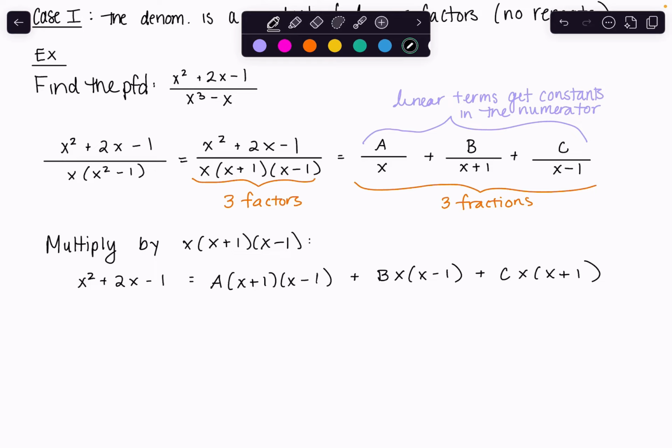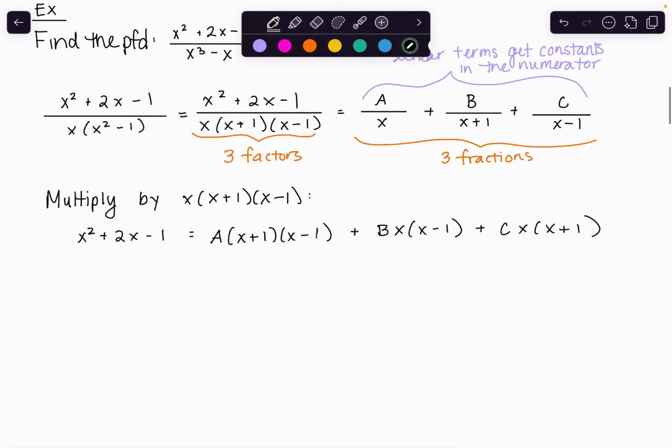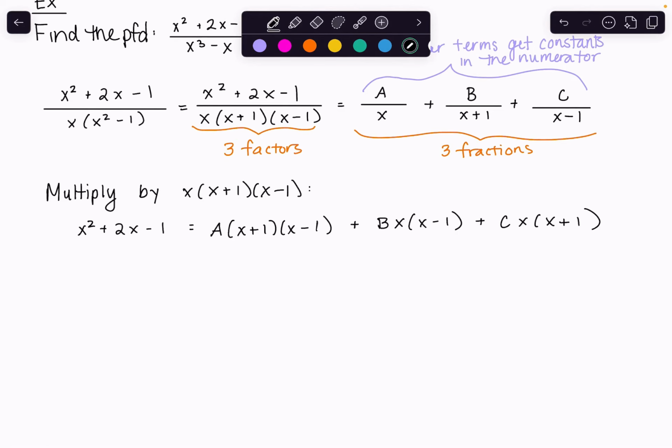Okay. So again, I think it's much easier to just plug in values. This should hold true for all values of x. So I'm going to start just picking numbers that work. Well, if I plug in 0, that will make both of these disappear. So if I do that on the left-hand side, we get 0 squared plus 2 times 0 minus 1.